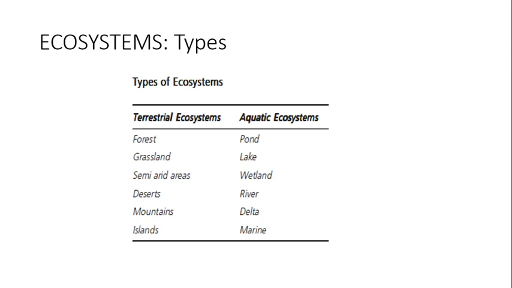We have talked about realms, and we have talked about the biogeographical region. In the region, there are types of ecosystem which are majorly classified into terrestrial and aquatic. The terrestrial ecosystem consists of forest, grassland, semi-arid areas, desert, mountain, island, while the aquatic ecosystem consists of pond, lake, wetlands, river, delta region, marine, and other things.